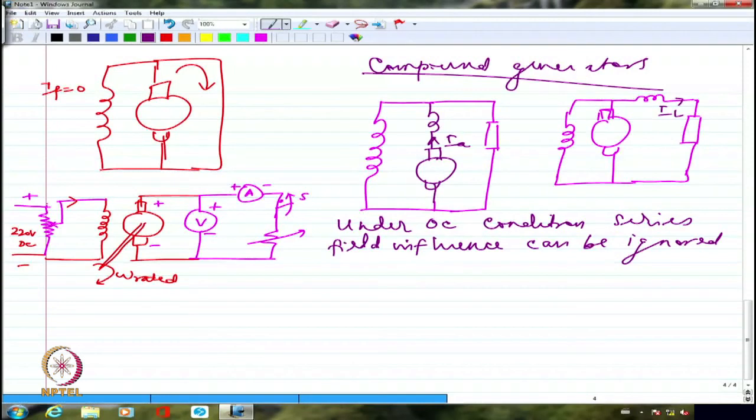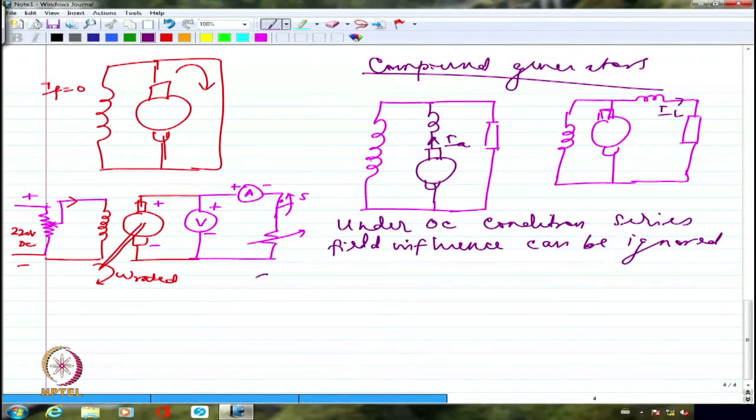Now, if I have the series field aiding the shunt field, both of them are additive. What I mean is, I have some series field flux created, shunt field flux also created. Both of them are aiding each other. So if I look at the total main field flux, the main field flux is the addition of the series field flux plus shunt field flux.